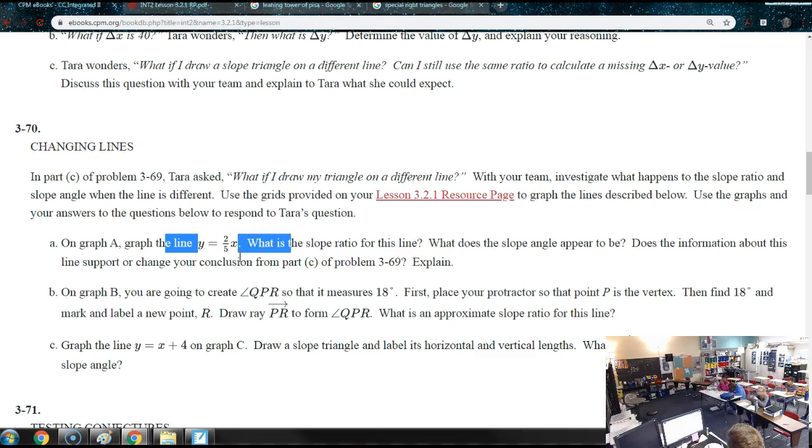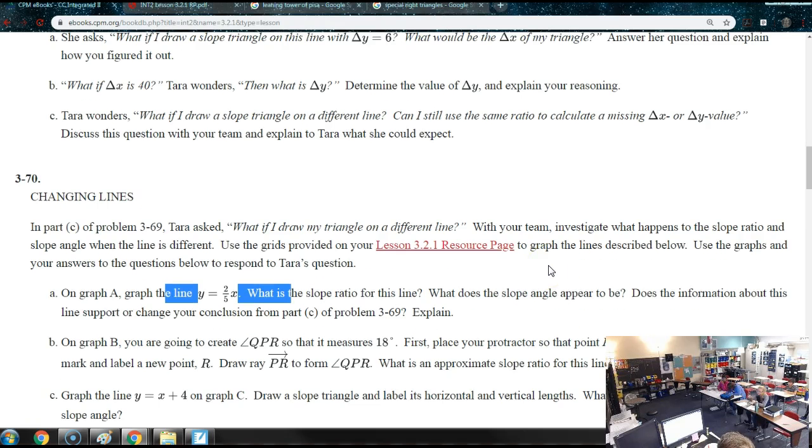What if we try to measure our angle and see how big it is? So try that out. Draw out a slope triangle of 2/5 x on your resource page, and then we're going to measure with a protractor.